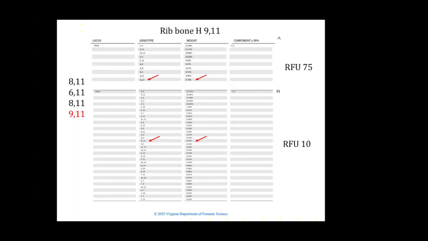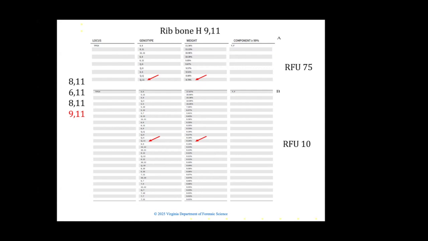Okay, next slide. Now back to TPOCs. This is for mix 419F, that rib bone H. This top panel shows the genotypes and the weights or probabilities that STRmix generated, the whole listing, when mix 419F was analyzed using our standard RFU of 75 for the analytical threshold.